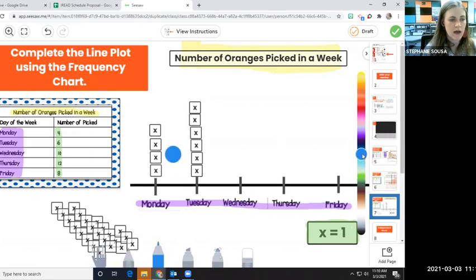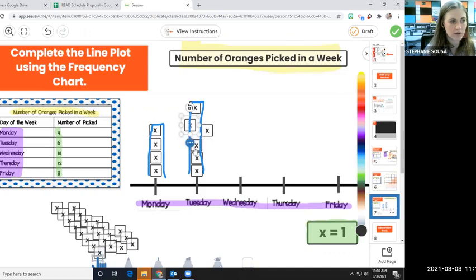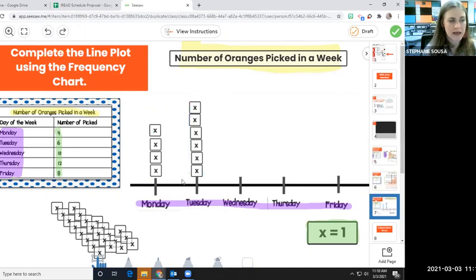You'll notice that the eye can very easily see that Tuesday is more than Monday because that stack is taller. If I just had my X's all over the place like this, my eye can't see that very clearly. So I'm going to make sure that my X's stay in a nice stack so that it's easy to read.